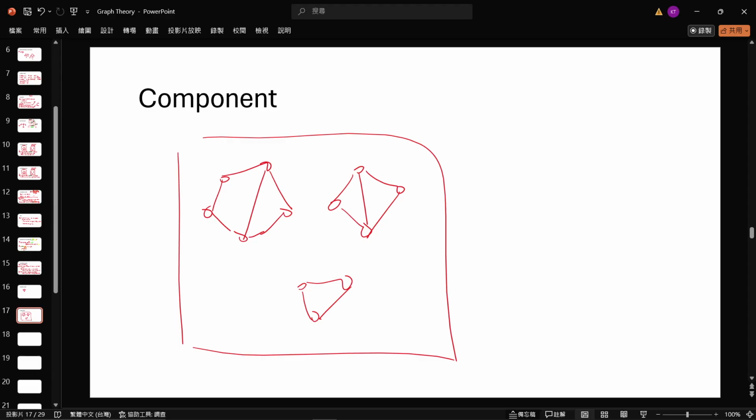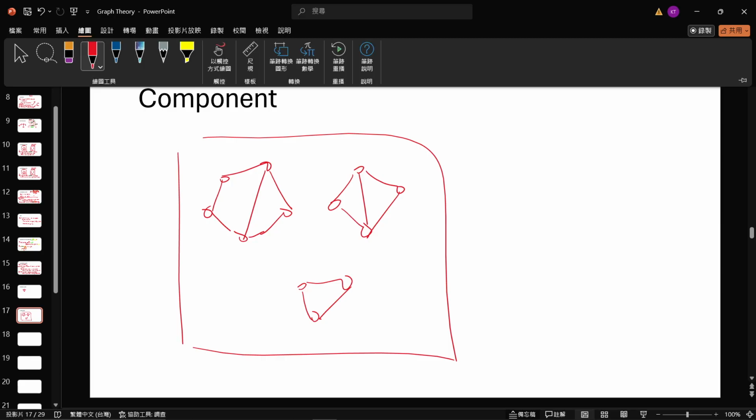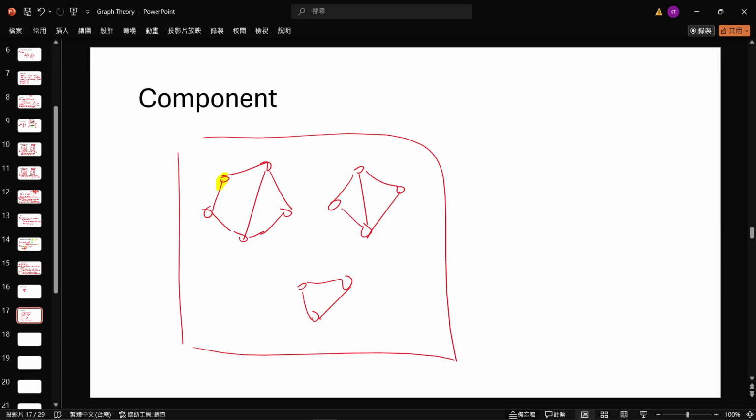So previously I said if we apply Yixiu's suggestion, then we will have this as a component. We also have this as a component. We can also have this as a component. Okay, but intuitively these 3 should not be considered as a component.